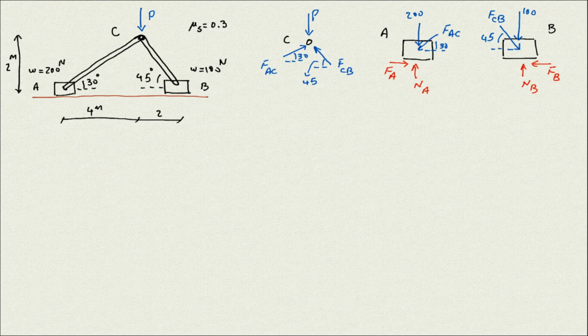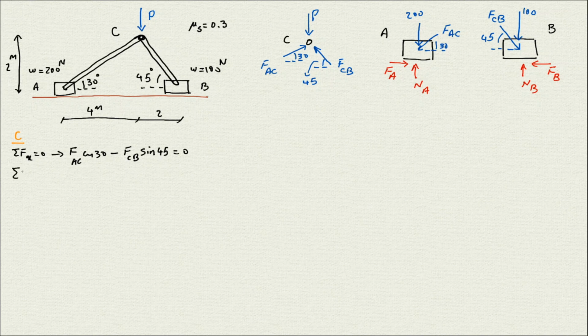Now if I go ahead and start to write all the equations we have for the entire system, I would start at the C. At the C, sigma Fx is 0. Therefore, FAC cosine 30 minus FCB sine 45 is 0.